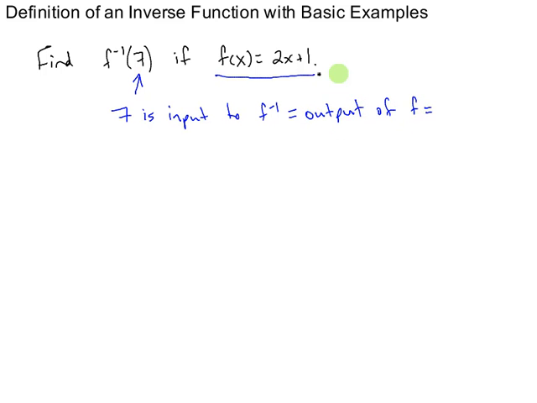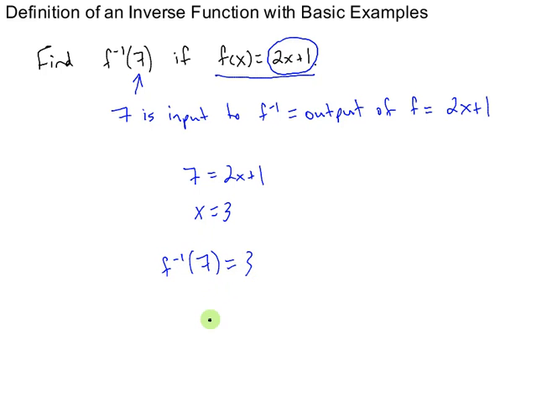And the output of f in general is 2x plus 1. So that means 7 equals 2x plus 1. And now if we solve this for x, I'll subtract 1 to get 6 and divide by 2 to get 3. X is 3. So that means f inverse of 7 is 3.